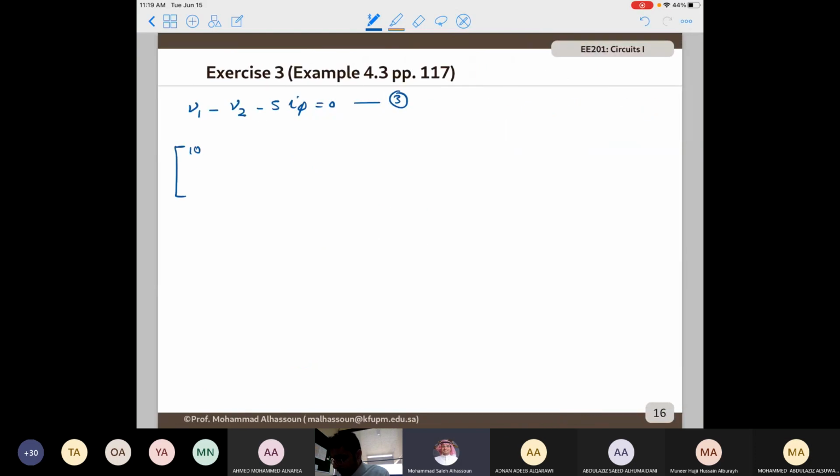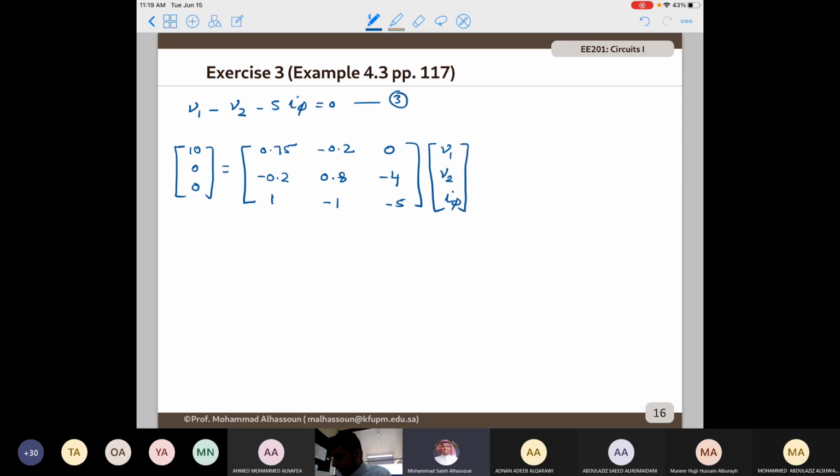So I write it this way, in matrix form, multiplied by V1, V2, I phi.